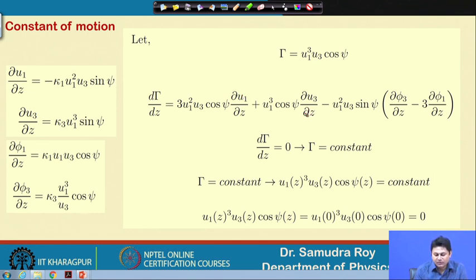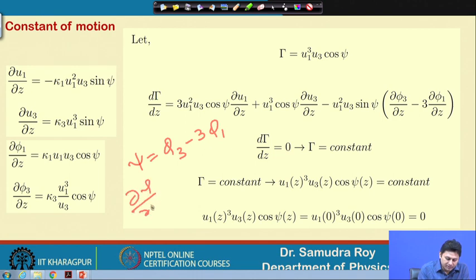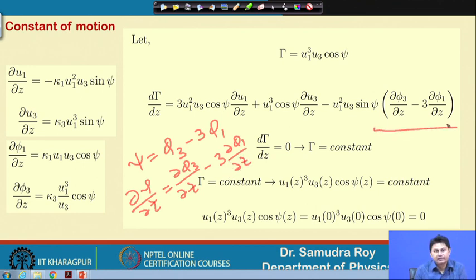Second term is the derivative corresponding to u3, and third is the derivative corresponding to psi. So, psi is equal to phi 3 minus 3 phi 1. So, obviously, del psi del z can be represented as del phi 3 del z minus 3 del phi 1 del z. So, exactly these things are here.